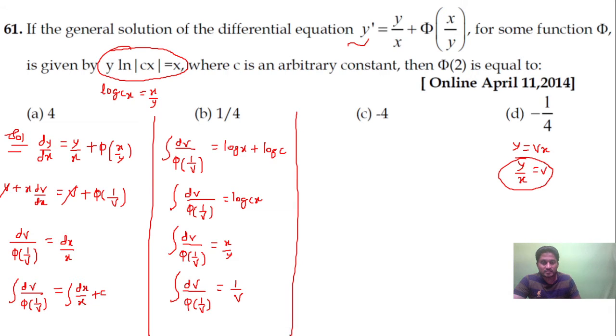Okay, now after this step, I have the integration of dv divided by phi of 1 by v equal to 1 upon v.